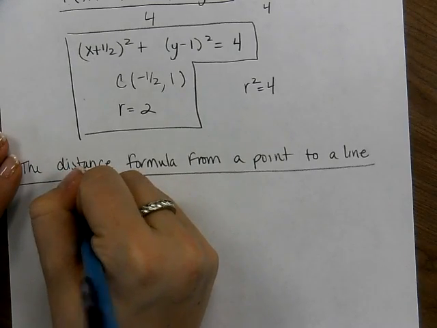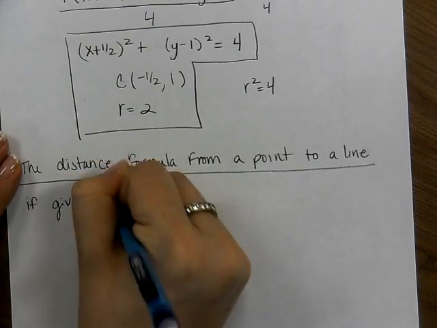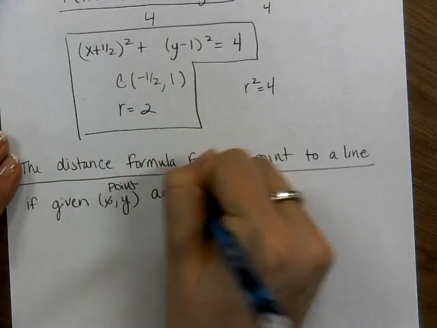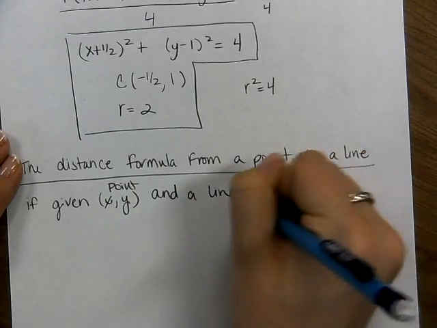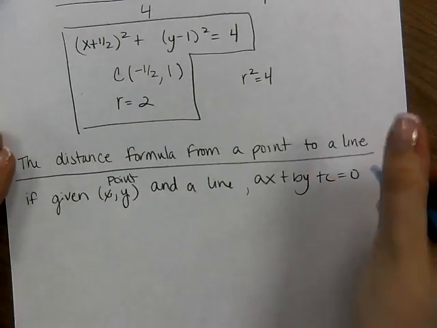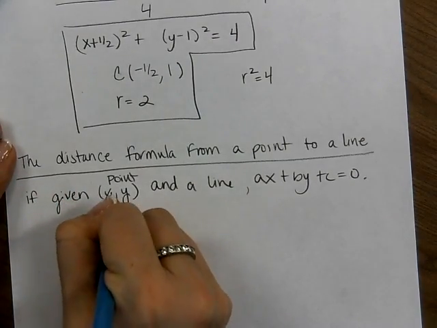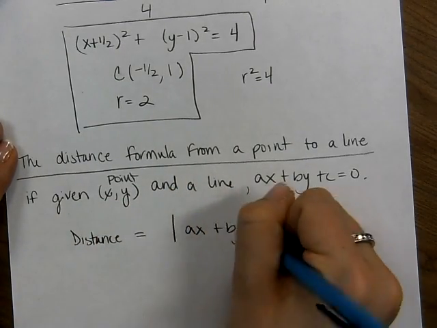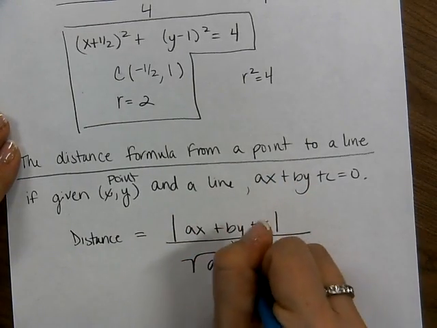So if you're given x and y, this point, and a line, like ax plus by plus c equals 0, if it's just in general form, then you're going to use this formula: the distance equals the absolute value of ax plus by plus c over the square root of a squared plus b squared.